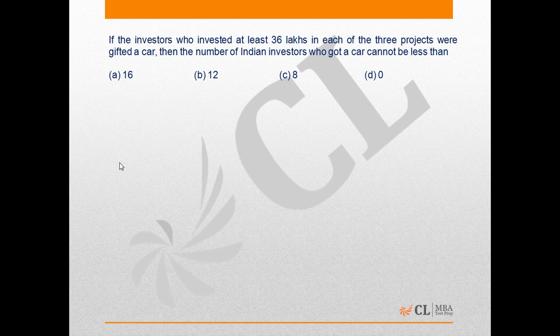Let's look at the next question. It says if the investors who invested at least 36 lakhs in each of the three projects were gifted a car, then the number of Indian investors who got a car cannot be less than. Okay, so let's calculate the minimum number of people who can invest 36 lakhs.